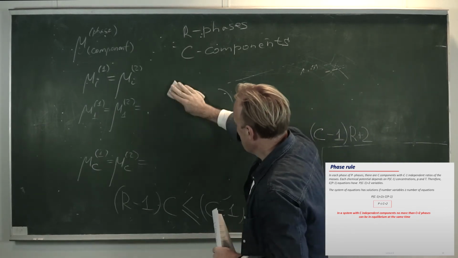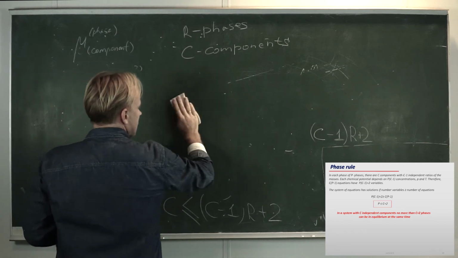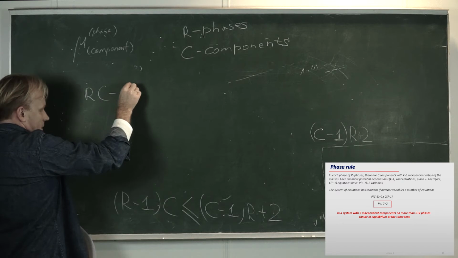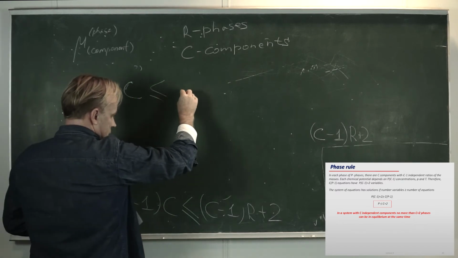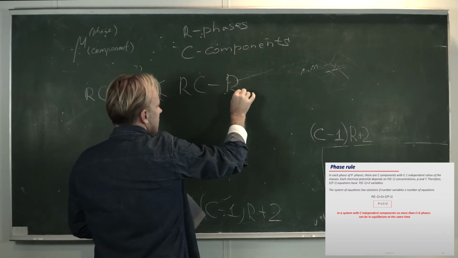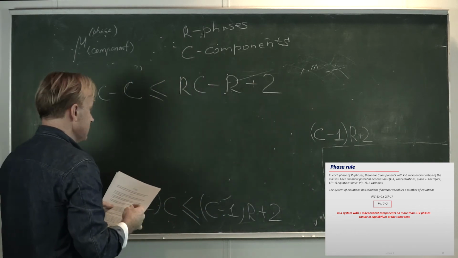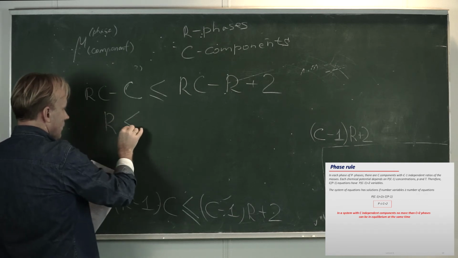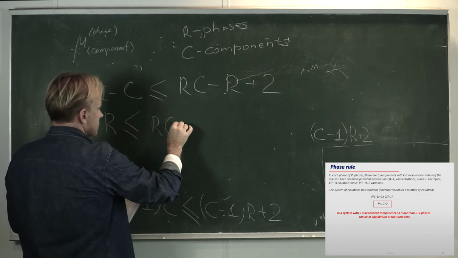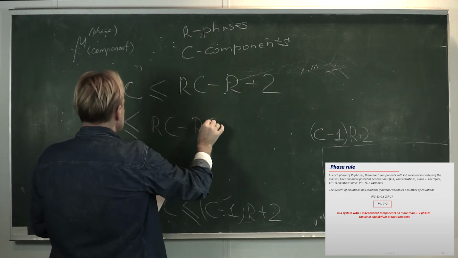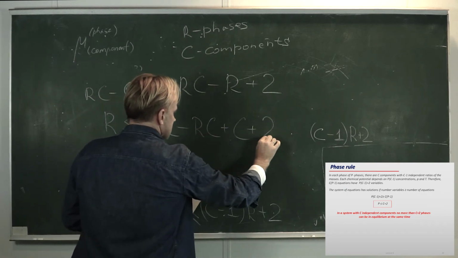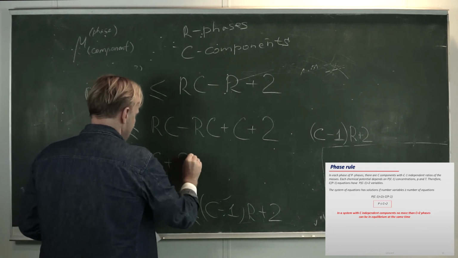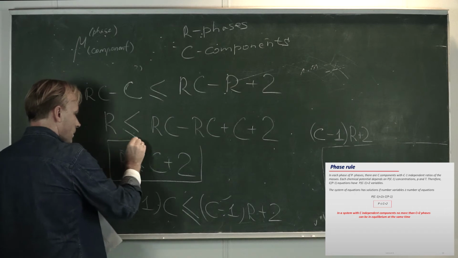And let's look at what it actually means. RC minus C should be less than or equal to RC minus R plus 2. Then R is less than or equal to C plus 2.